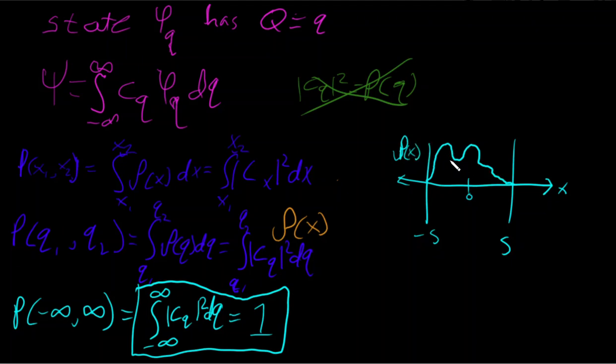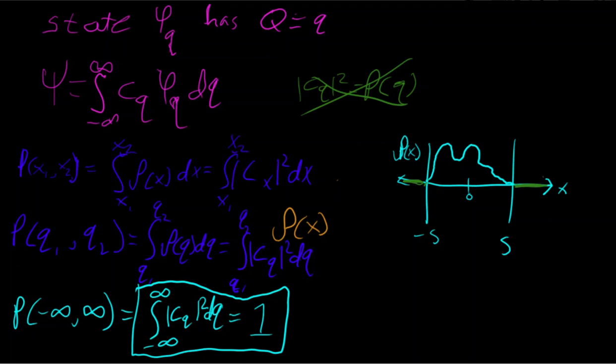Well, if we're summing up the probabilities from negative infinity to infinity, it's 0 over here, so there's no area here, and all the area is here. So the integral from negative infinity to infinity would really just be adding up the area from negative 5 to 5. So this negative infinity to infinity thing actually lets us account for, in general, all possible values. And so you'd only be adding up from negative 5 to 5 because all the rest of it would be 0.